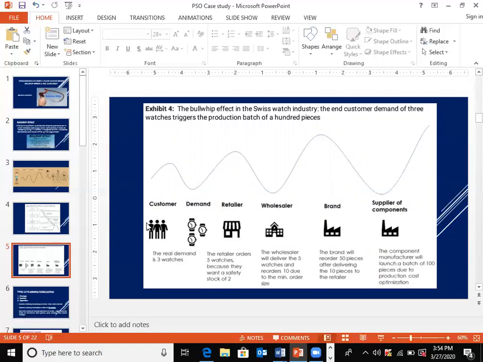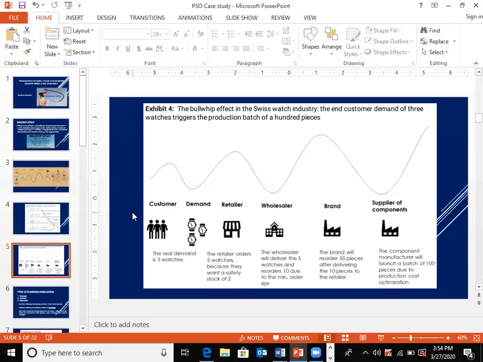And what we see over here is that there is a customer, right over here at the beginning, on the left-hand side. And this customer has a demand for 3 watches. And as you know, several of the Swiss watches are very pricey and expensive.